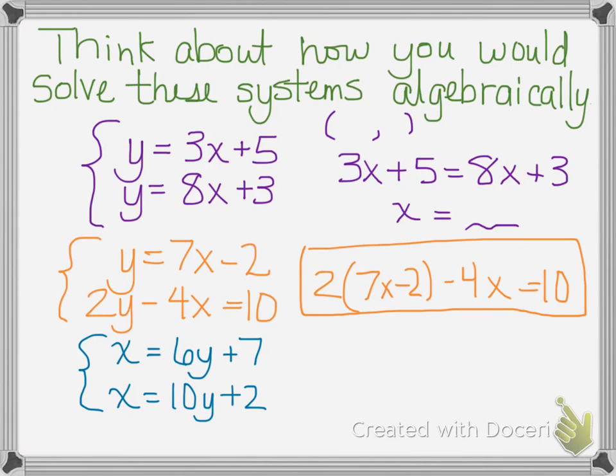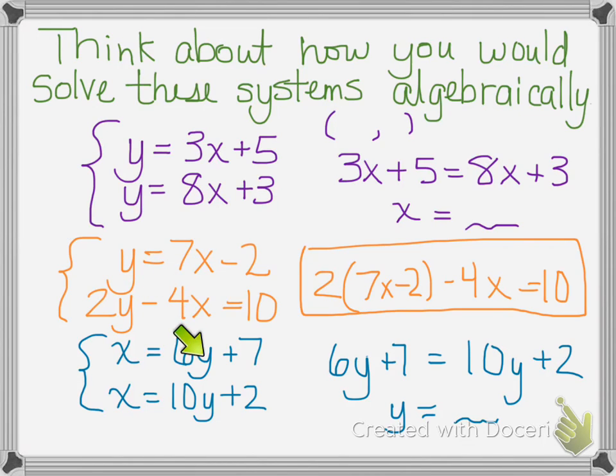So I'm going to eliminate x by saying that since x is equal to both of these expressions, then these expressions have to be equal to one another. So this is 10y plus 2. And this time I'm going to get y equals some number, and then I'm going to go back and put y in to find my x. So just make sure when you do one like this that you get your ordered pair in the right order.